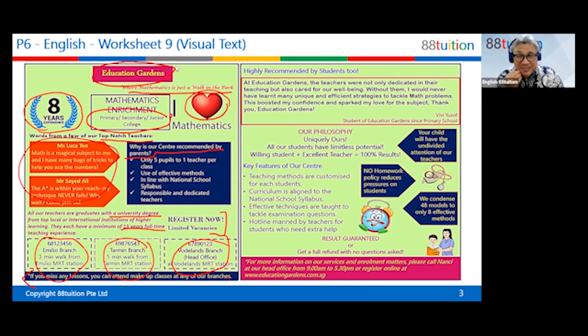It's the second option. Is it something that students and parents would value? Why? Why would you value? Why would students or parents value this? If you miss any lessons, you can attend makeup classes. In other words, there is a, what?